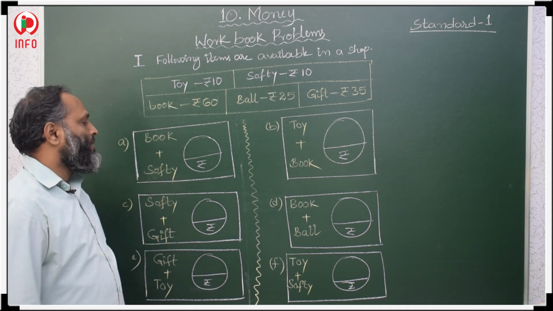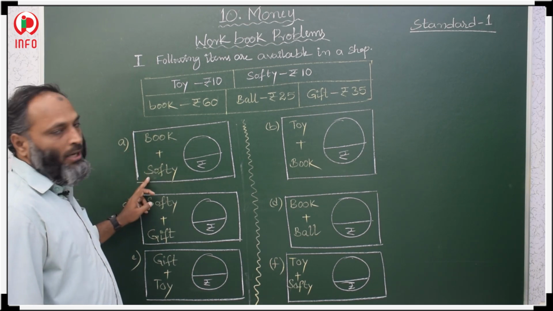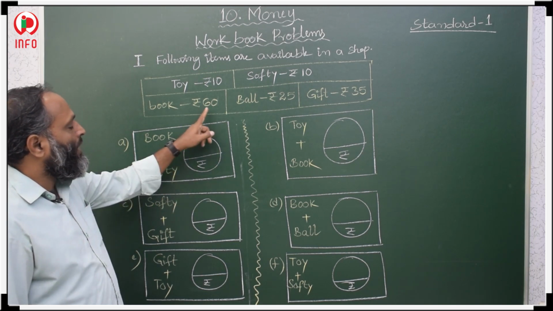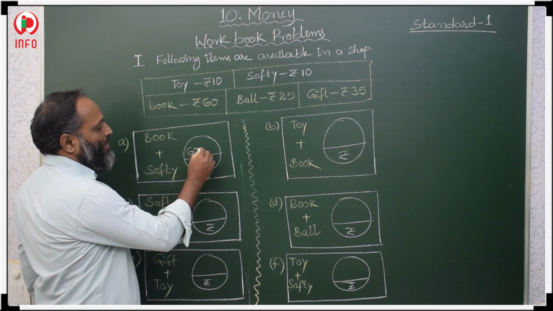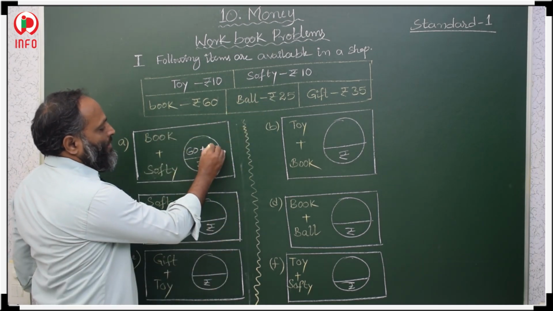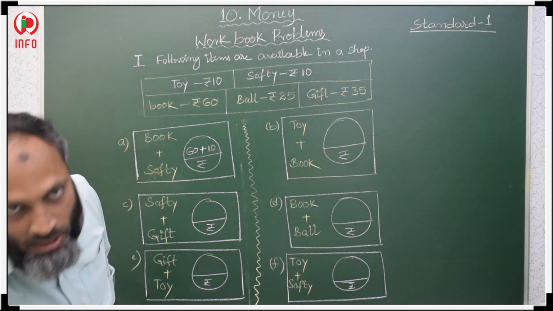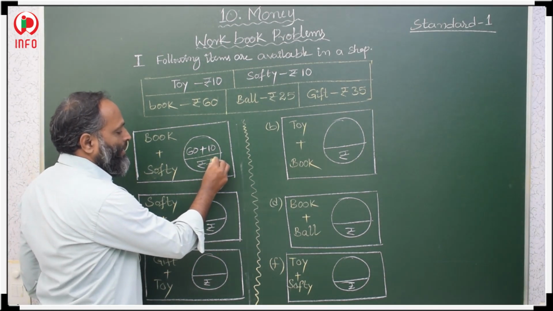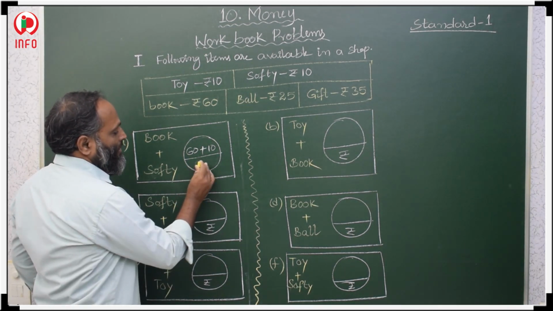Now in the first question, what is he asking? Book plus softy, we have to find the total amount. The book's price is 60 and plus softy, that is 10. 60 plus 10 is 70 rupees.